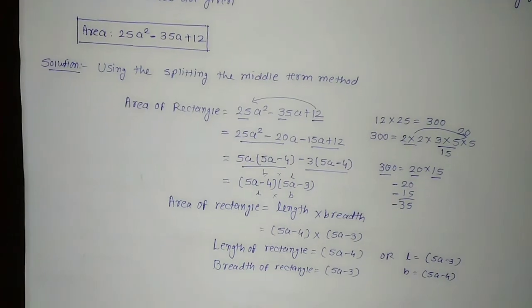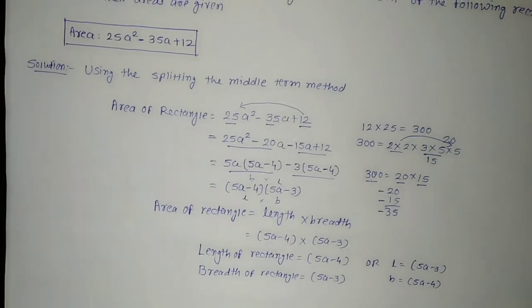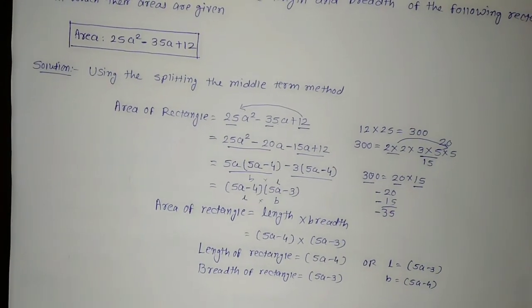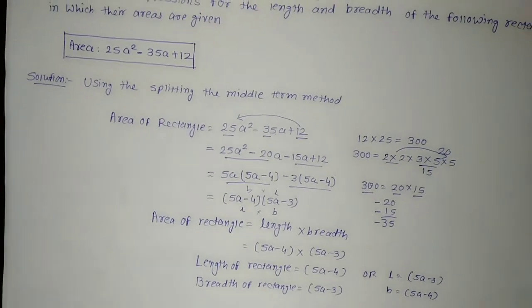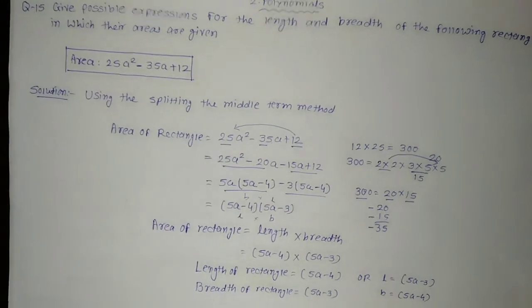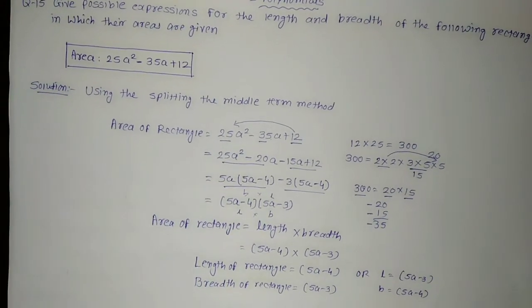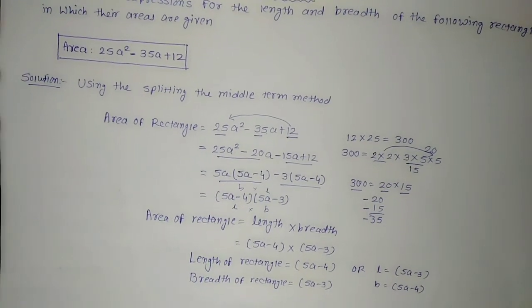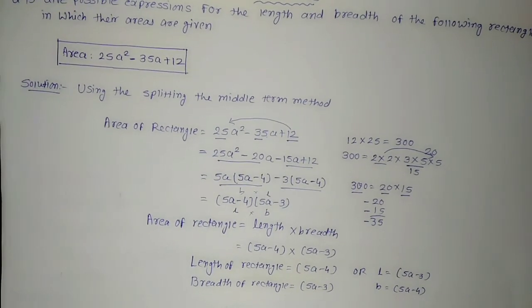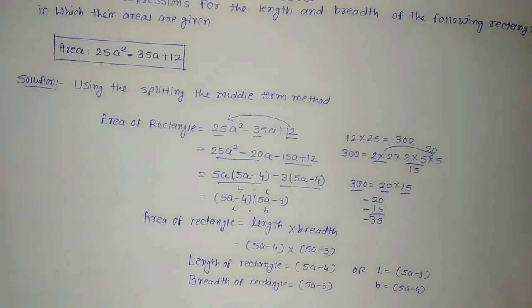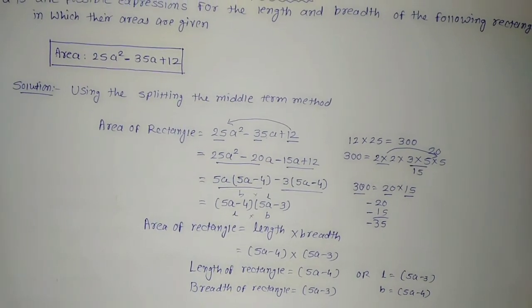Anyway we can write it, and this is how you can solve question number 15 to find the area. The other one, 35y square plus 13y minus 12, you can solve in the similar way. So this is how you can solve question number 15 of exercise 2.5.